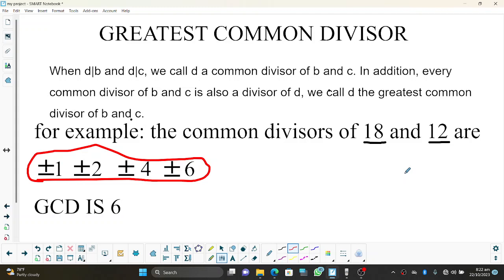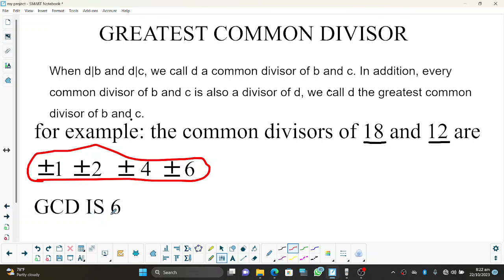Sometimes we allow the name to scare us, but basically this is what it means. For the purpose of our study, we are going to limit ourselves to only positive divisors. So if we list the common divisors of 18 and 12, we can see that 6 is the greatest among all of them.